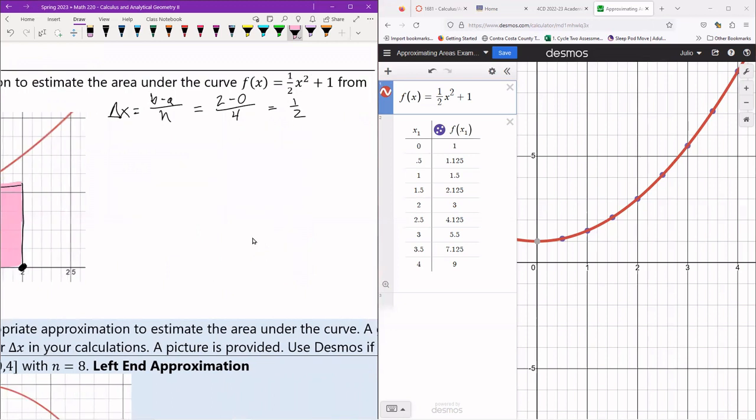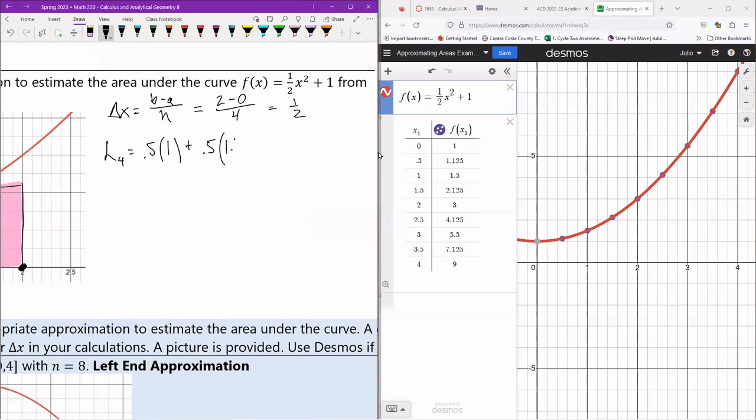Okay. And what I'm going to do now is just kind of plug stuff in. So my area, right? And I'm going to actually use the notation that I have up there. L sub 4 for this, right, is going to be 0.5 times 0, right? So it's going to be 0.5 times 1 plus 0.5 times the one at the half.